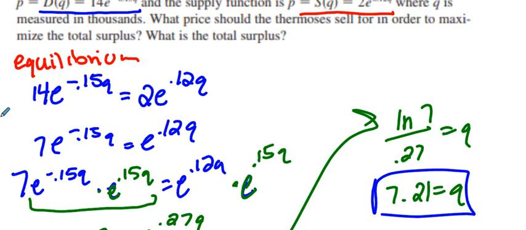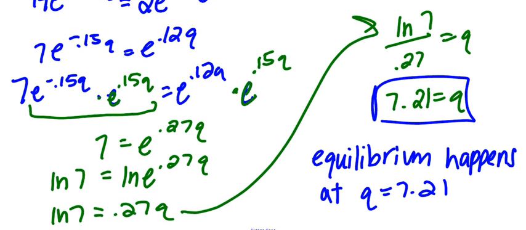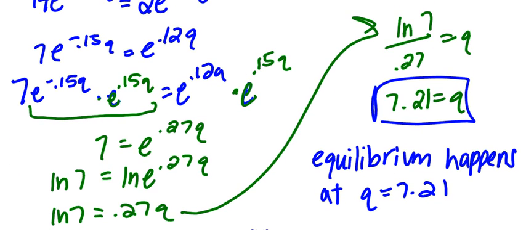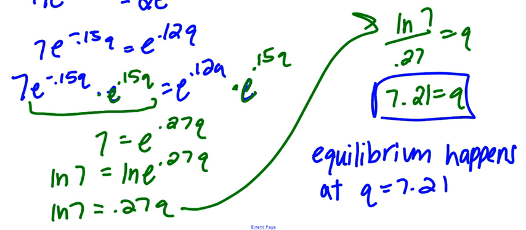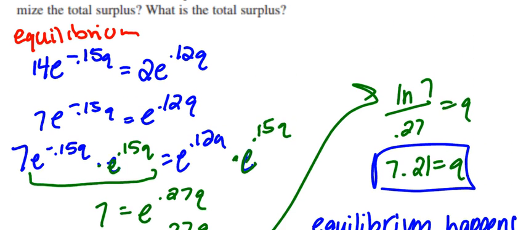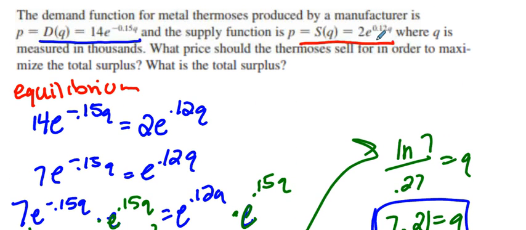So up here in the problem, what price should the thermoses sell for in order to maximize the total surplus? Well, the equilibrium is that 7.21. The maximum total surplus is going to be what we get when we use that quantity. So to find the price, I'm just going to pick one of our equations. I'm probably going to pick the supply one just because it's smaller numbers. And we're going to plug in that Q, and that will give us the price for the total surplus.